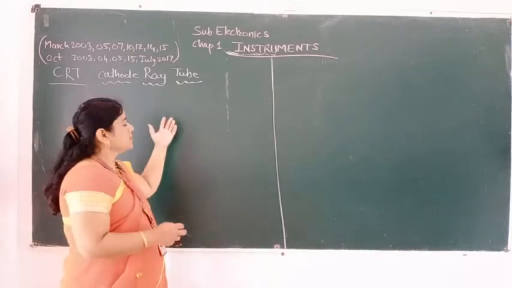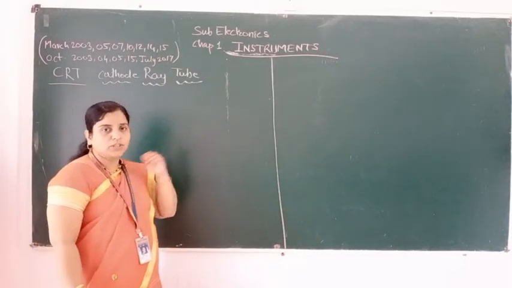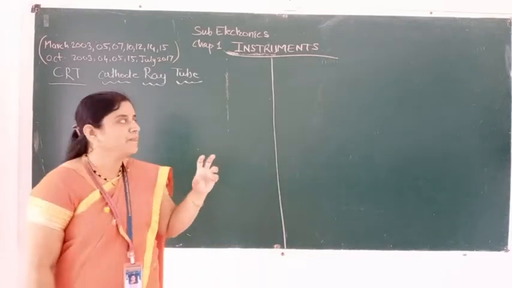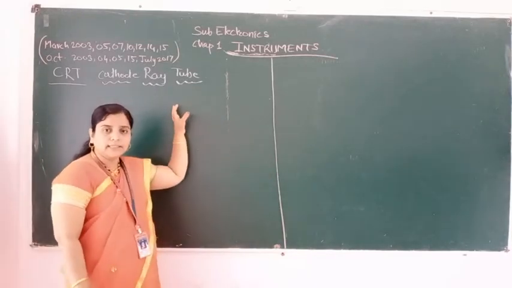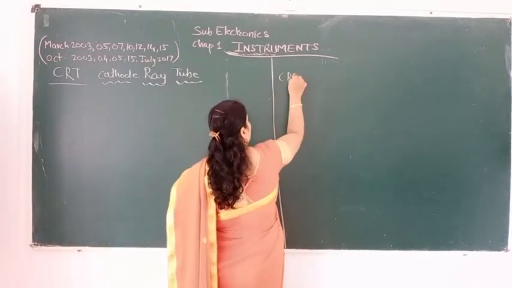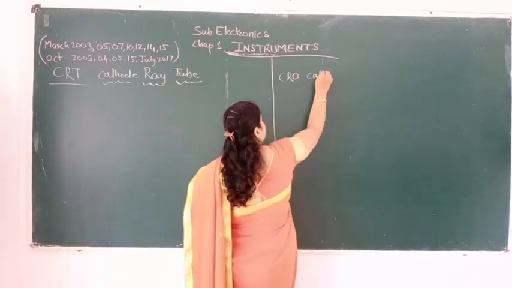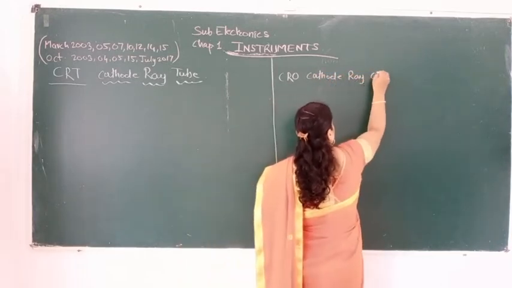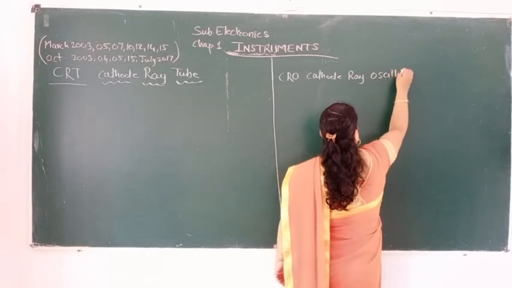So where is this cathode ray oscilloscope used? CRO means cathode ray oscilloscope.